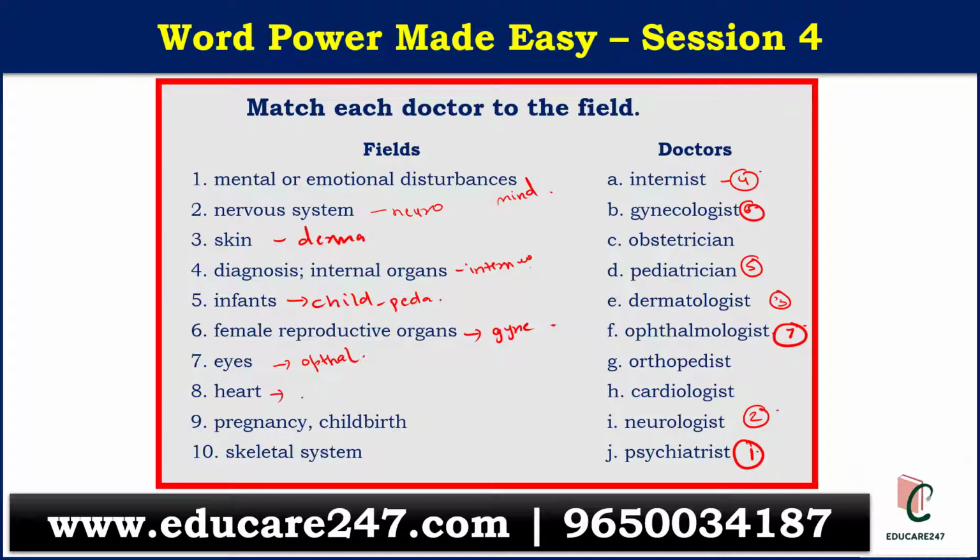Next is heart. So heart was cardio, so it's going to be cardiologist. Next was pregnancy and childbirth. You could actually get confused in this too, but pregnancy and childbirth is basically obstetrics. So it's going to be obstetrician.